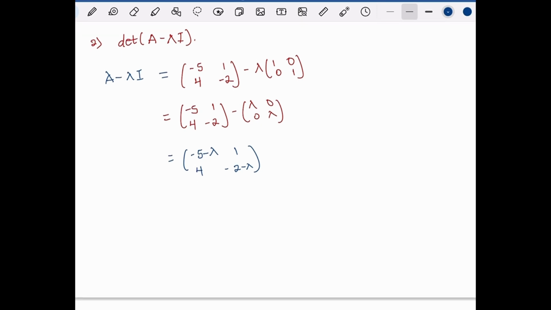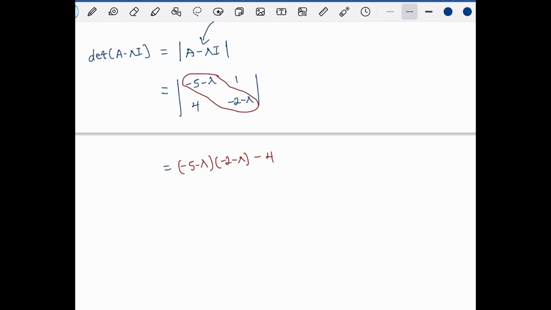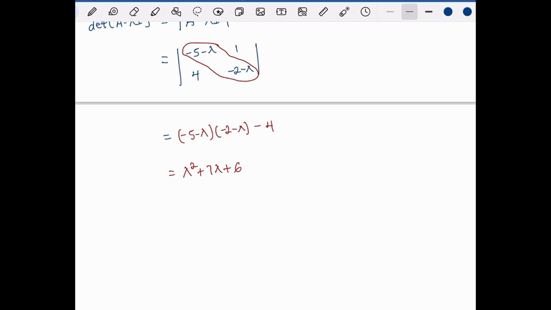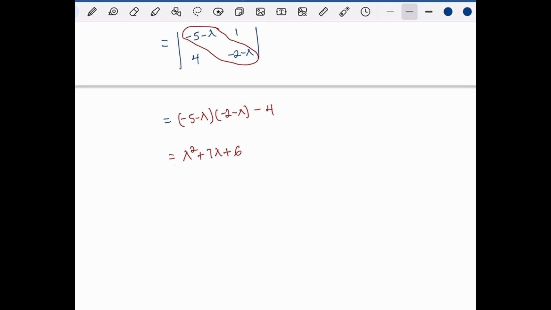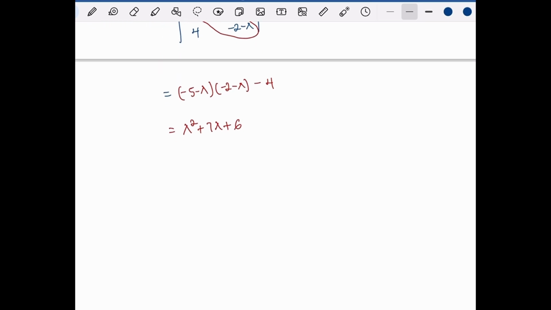So we are going to have the determinant of A minus lambda I, which is equal to, simplifying, we are going to have... then we set it to 0 because we are to find the roots of the characteristic polynomial. So we set this to equal 0.